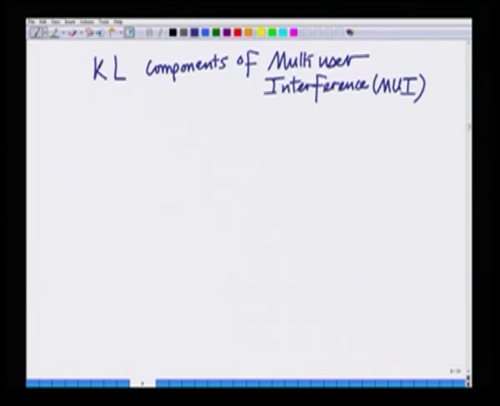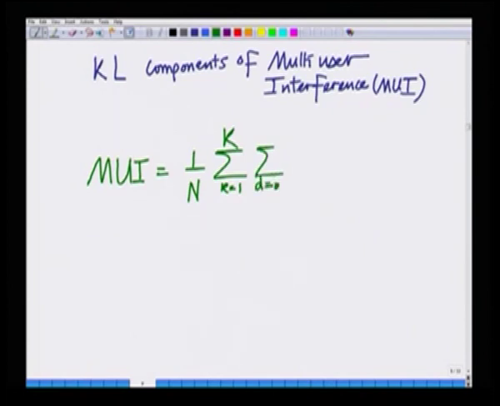The multi user interference, MUI, equals 1 over n summation k equals 1 to capital K, summation over all paths d equals 0 to L minus 1, that is the L paths of the interfering user, summation over number of chips, that is m equal to 0 to n minus 1.